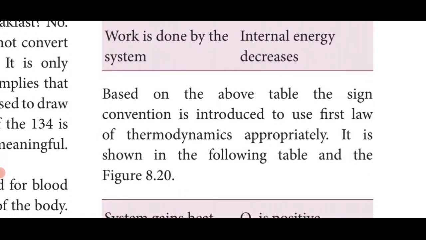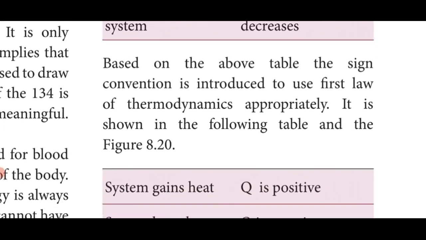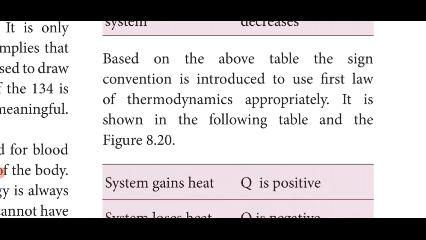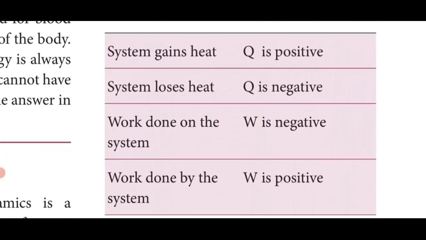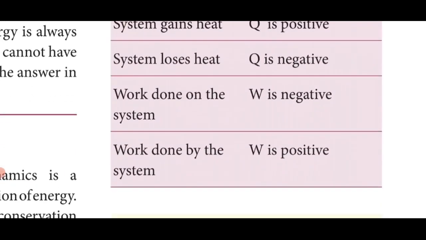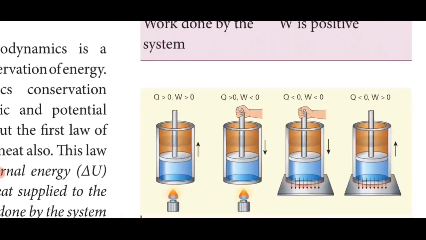Based on the above table, the sign convention is introduced to use the first law of thermodynamics appropriately. When the system gains heat, Q is positive; when the system loses heat, Q is negative. Work done on the system, W is negative; work done by the system, W is positive.